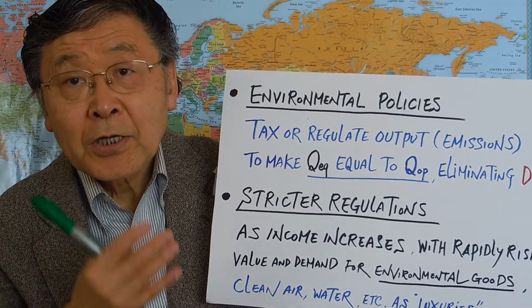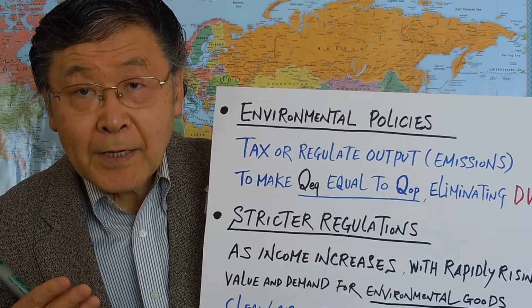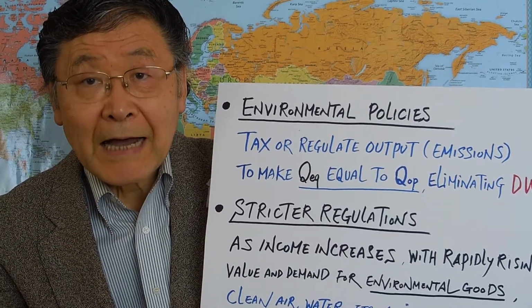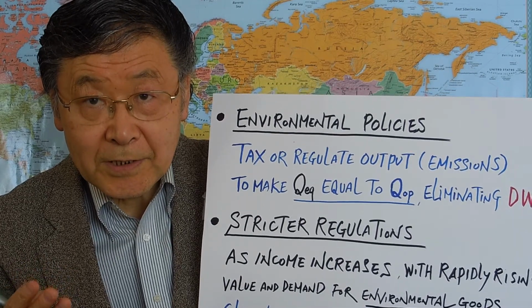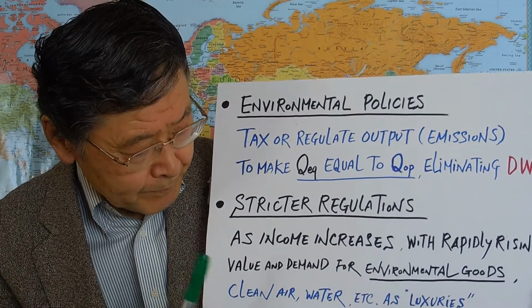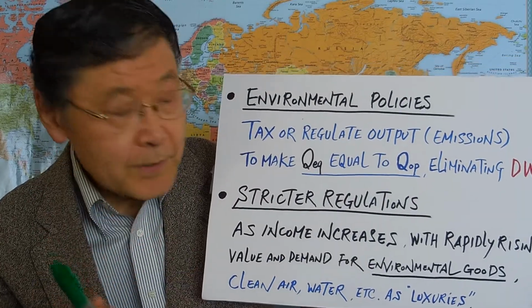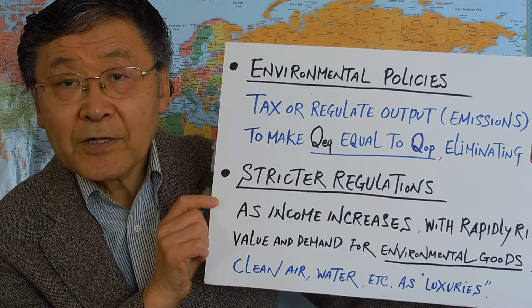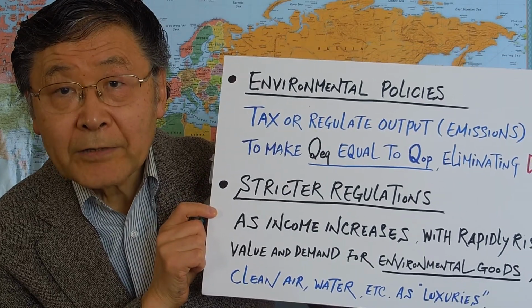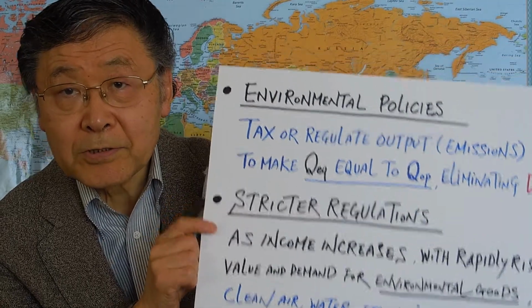Luxuries increase more than proportionately as income increases after satisfying necessary needs. So clean water, clean air, nice scenery, and so on are luxuries whose values increase rapidly as income increases. So tighter regulations are necessary to achieve the social optimum.